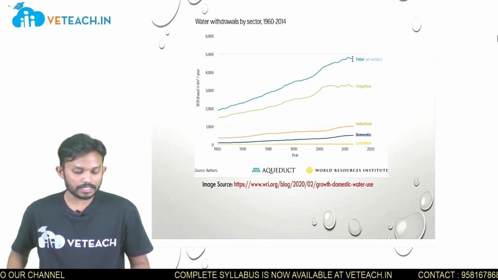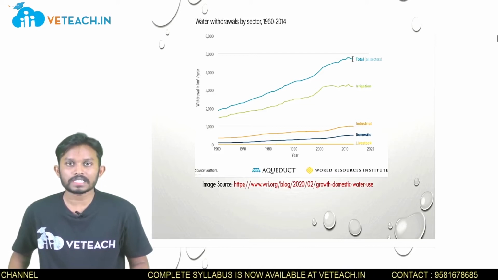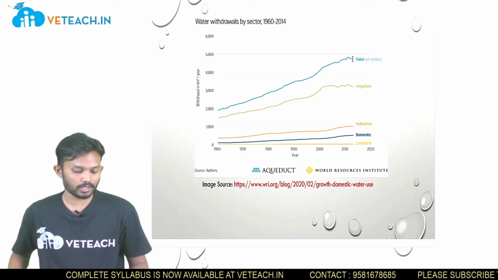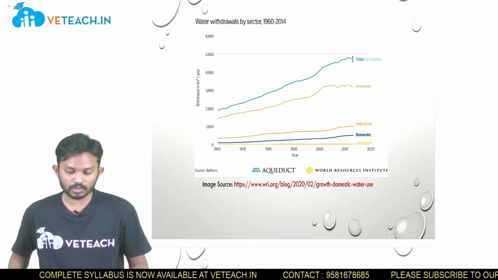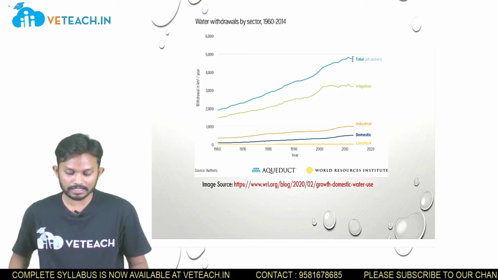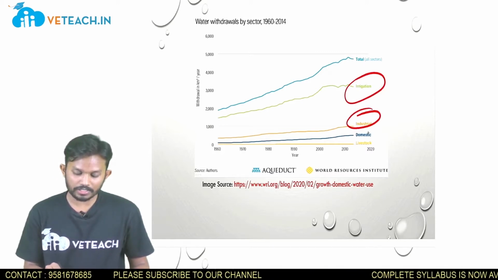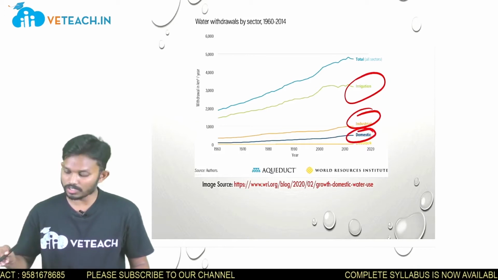In this slide, we can see water withdrawals by sector, what sectors are available and the distribution percentage by different sectors across the world. Taking irrigation, industry and domestic sectors, each draws a different share of the overall distribution.